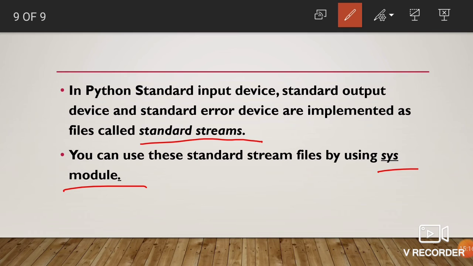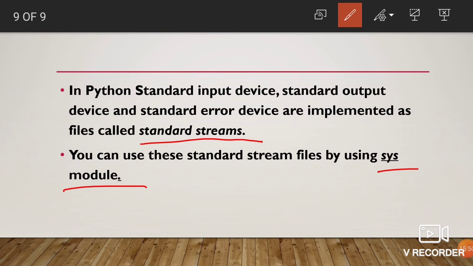When we get the output from the program, that output is displayed on the monitor. So the monitor is termed the standard output device. And also, when you have any error in your program, those errors are displayed on the monitor only. So the monitor is also called the standard error device.